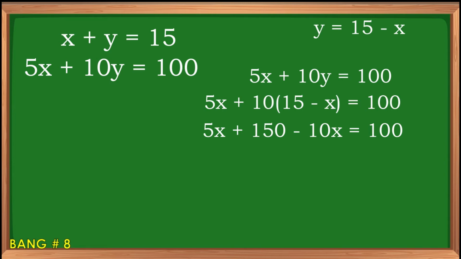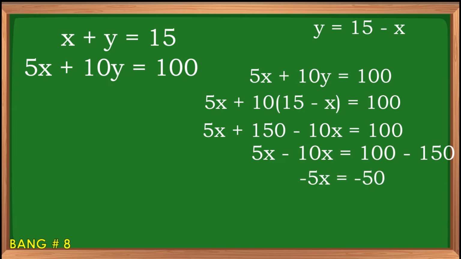Using subtraction property of equality, we have 5x minus 10x is equal to 100 minus 150. Then, combine like terms, we got negative 5x is equal to negative 50. Divide both sides by negative 5. The result is x is equal to 10.